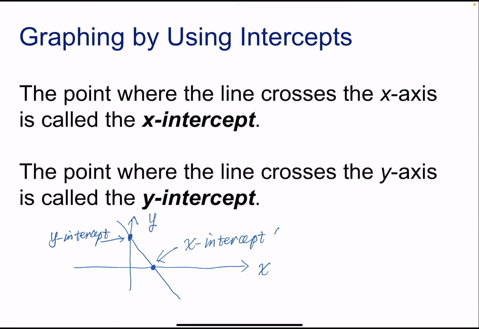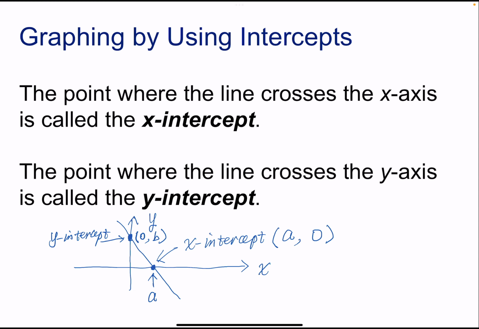Notice that the x-intercept has y coordinate 0. Its x has to be some number, and we can use a to represent it, so here is a, and its y has to be 0. For the y-intercept, because it's on the y-axis, its x coordinate has to be 0. Typically we use b to represent the y-intercept.